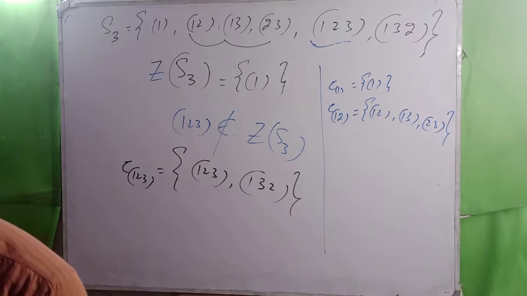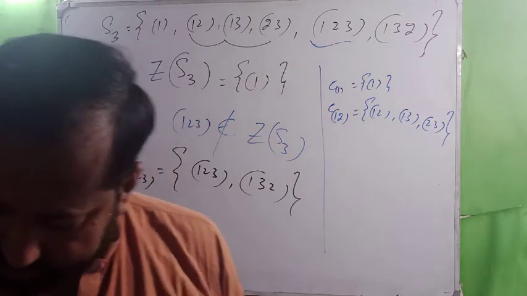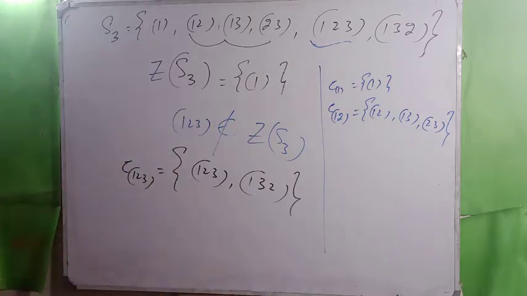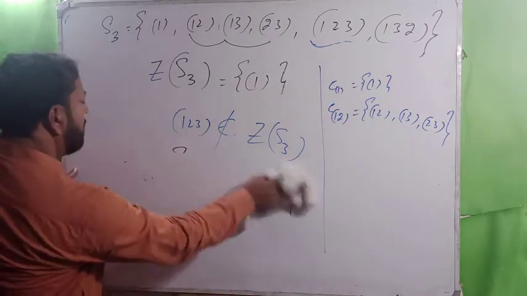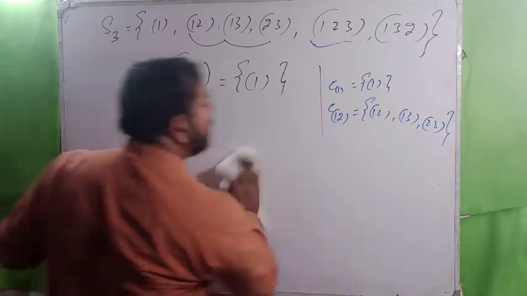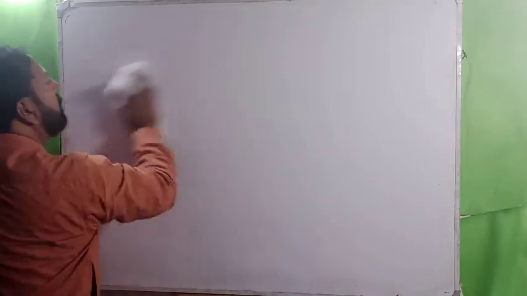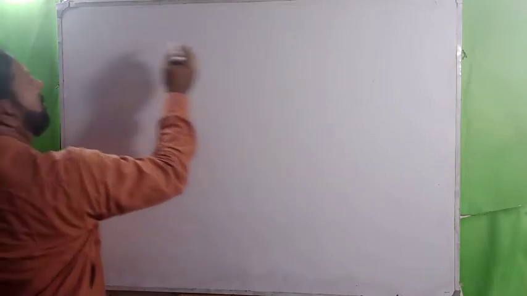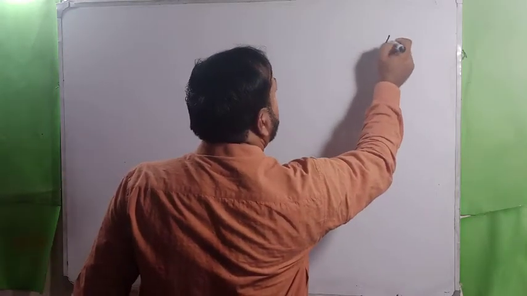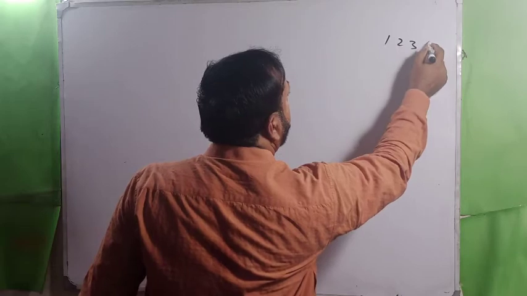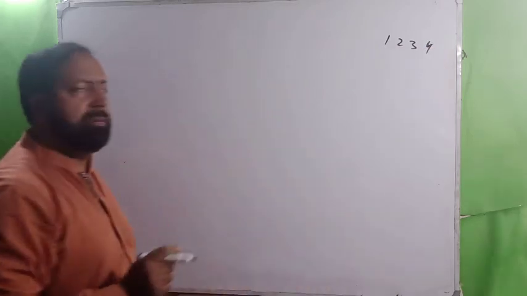Now you can list the conjugacy classes of S4 as well. Okay, for S4, the set is {1, 2, 3, 4}. So you can write the elements of S4.